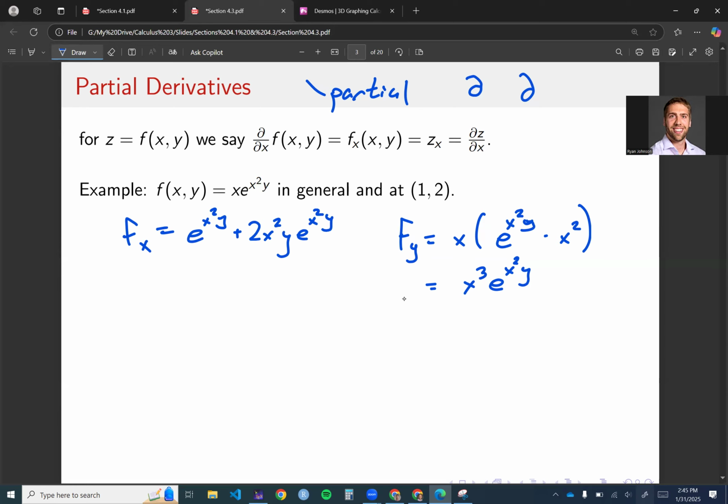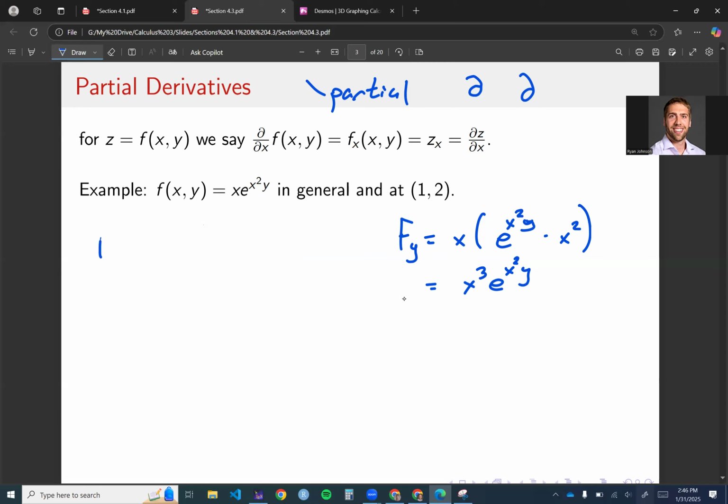Right? Wait, where does the y go? I'm treating the y like a scalar. When I do the chain rule, I multiply by. Let me slow down. All right.